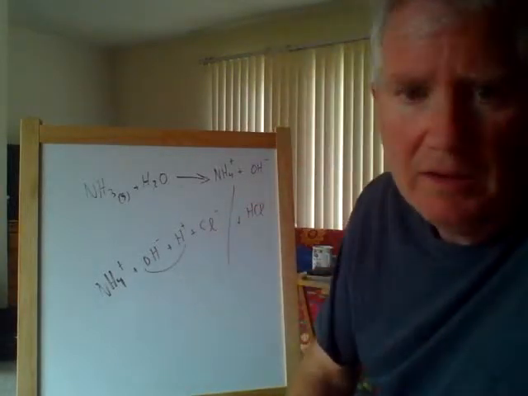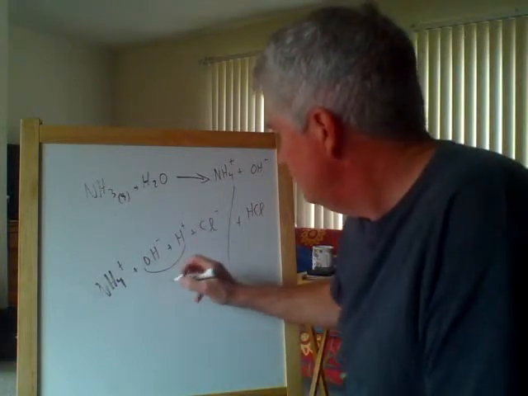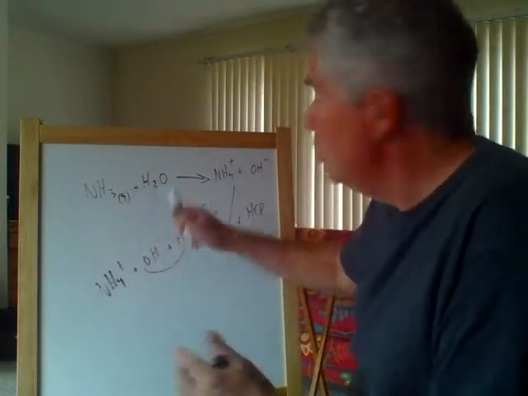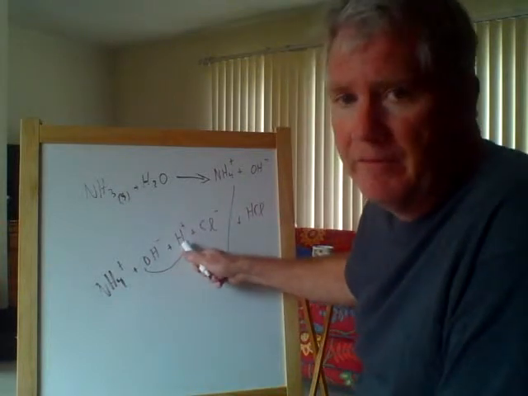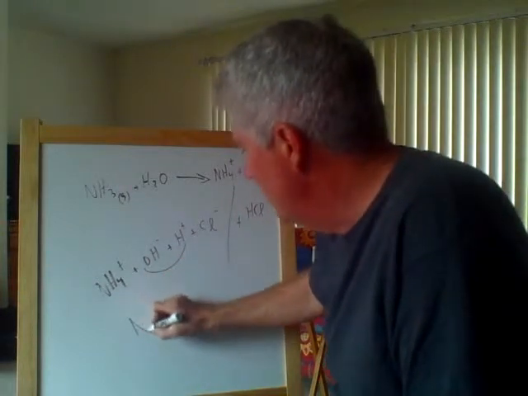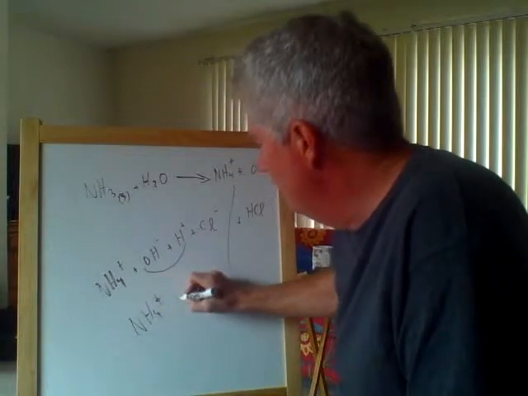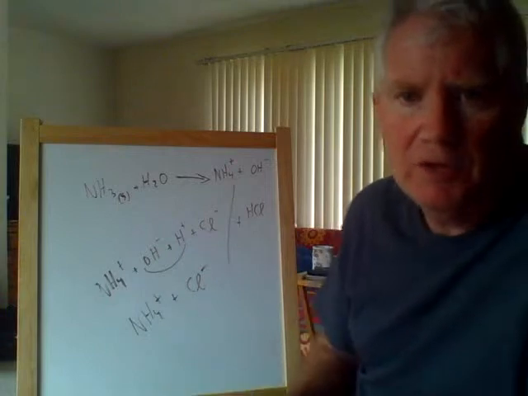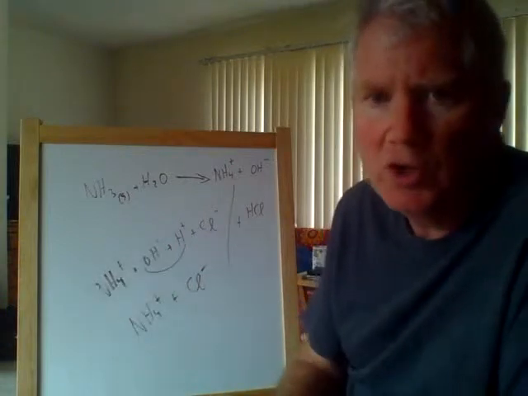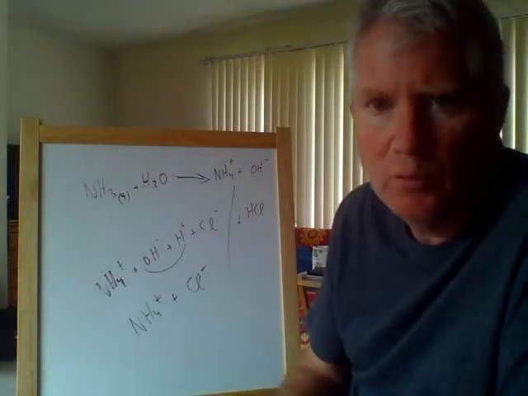These guys immediately join up. Essentially the ammonia neutralizes some of the HCl, neutralizes some of its acid, and what you're left with is essentially ammonium and chloride. And ammonium chloride, in fact, I think it's even in your lab kit. It's just an ordinary salt that dissolves freely in water.